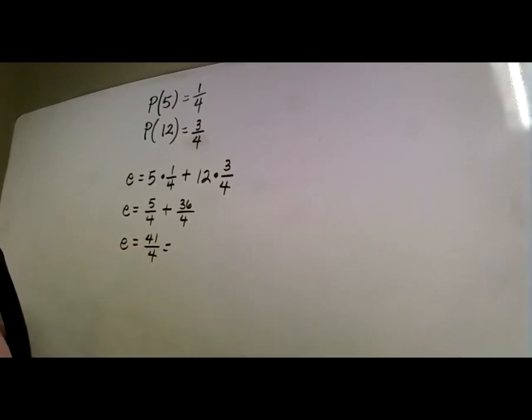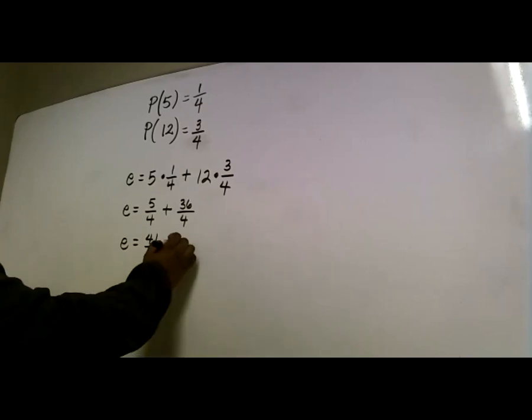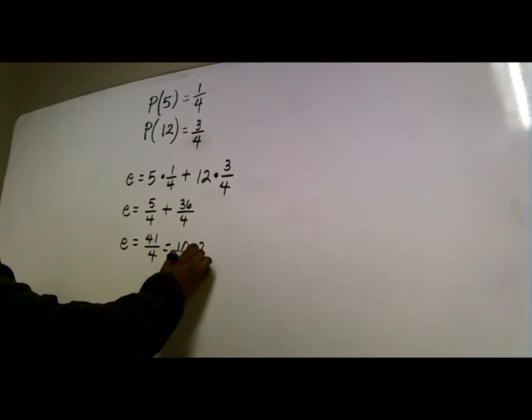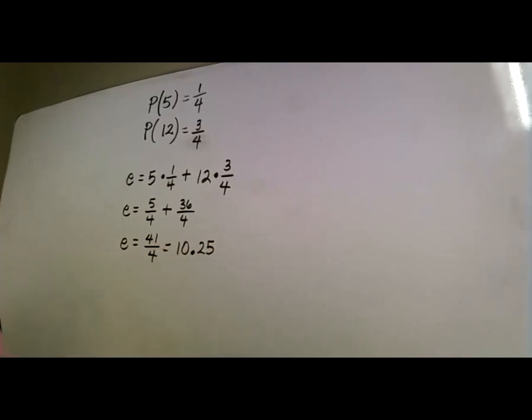And as a decimal, what's 41 divided by 4? 10.25. That would be the expected value for this spinner.